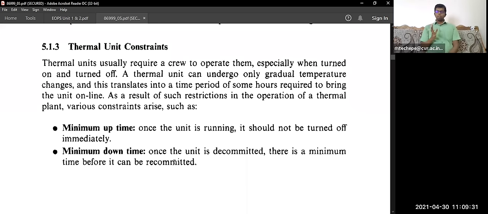Because that is not a very simple process. Like in your home loads, you can't simply go and switch off everything. If the unit is operating, there should be some minimum time so that you can turn off that thermal power plant.